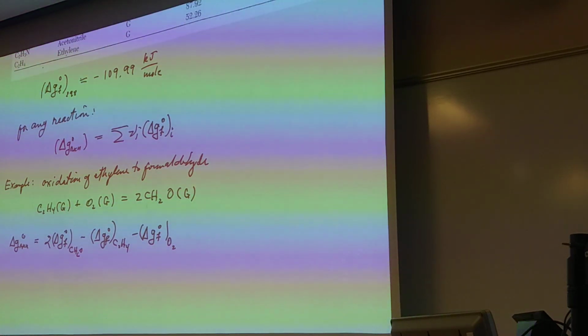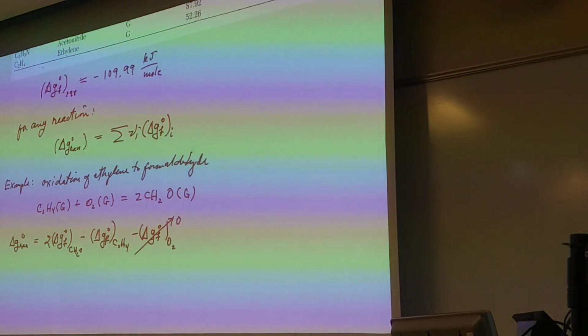The formation of an element from an element, of course, is just 0, so that's trivially 0.